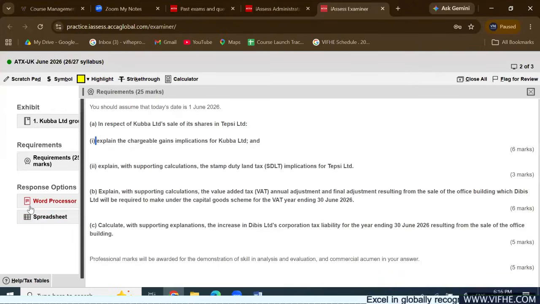If something is purely calculation based, I'll be doing it on the spreadsheet. And if the question contains both elements, you'll have to produce the calculations as well as explain the narrative. Then you'll do the descriptive part on the Word document, and the spreadsheet will be used for the calculations, and you will connect them by clearly labeling both things.